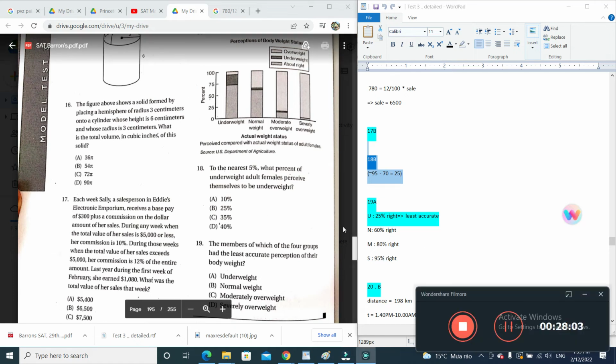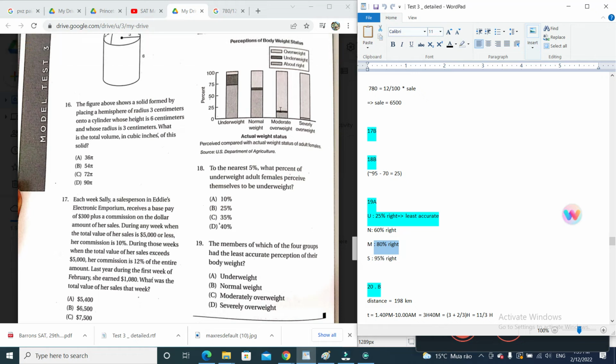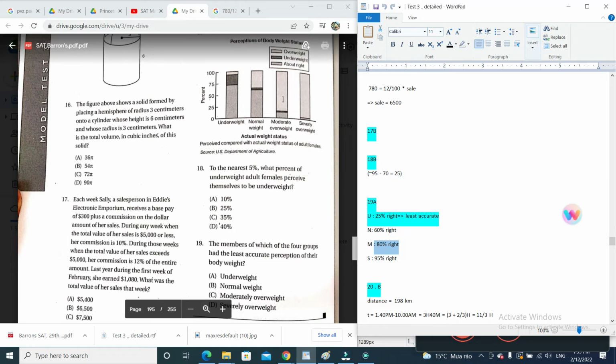For the moderately overweight people, 80% of them perceive themselves as overweight, which is right, so they're 80% right.